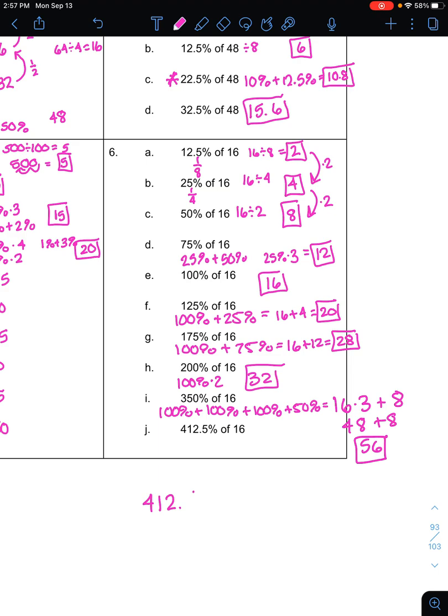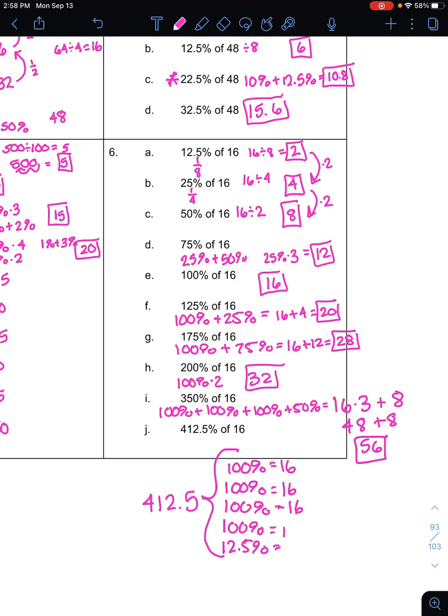I'm going to organize it using a little map here. So for 412.5%, I'm going to take 4 100%. That gets me to 400. And then I'm going to take a 12.5% and add them all up. Okay, each of these 100% were 16. 12.5% was 2. So adding all of these up, I get 66.